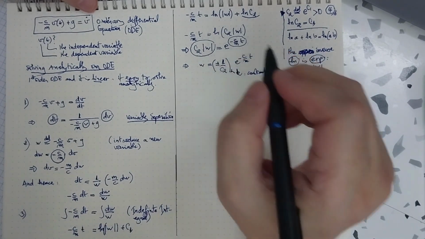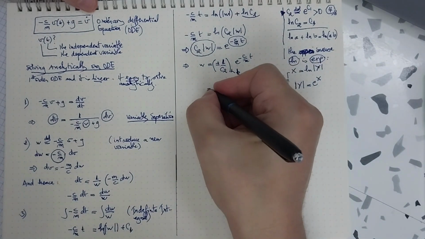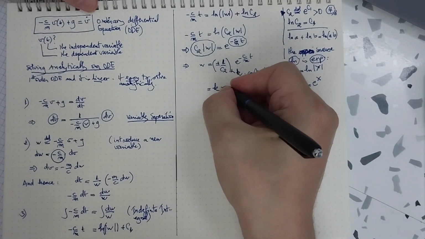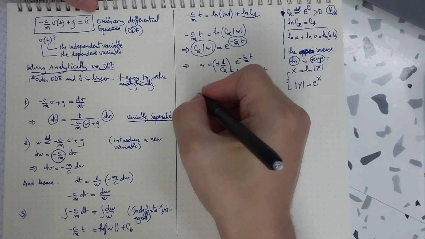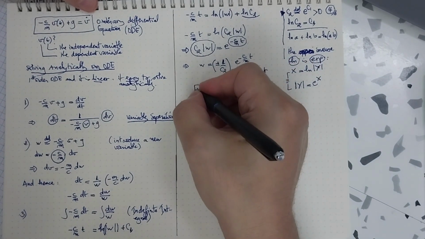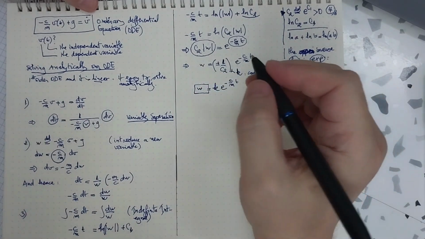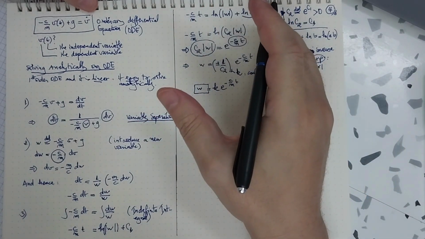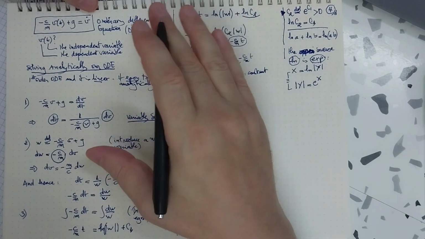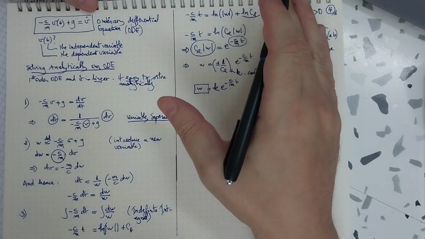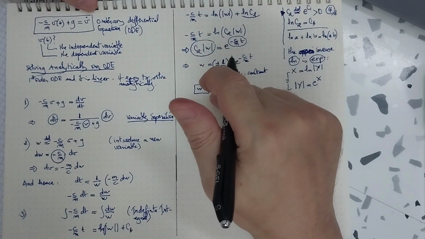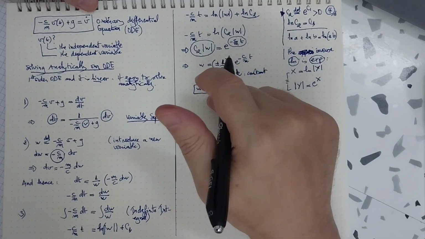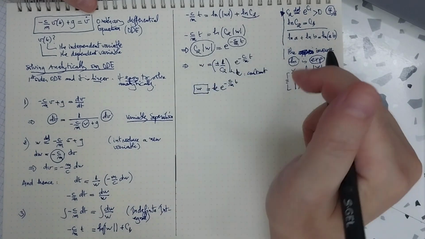It can be positive or negative. So we can write W equals K exponential of minus C over M times T. And the solution of a first order ODE always contains a constant. We eliminate this constant using the initial condition.